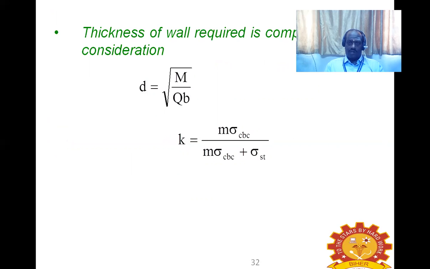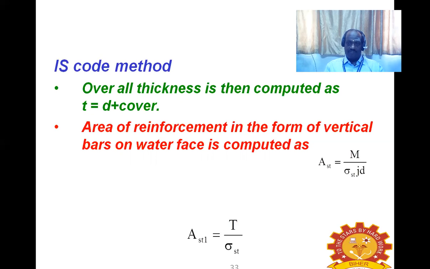The thickness of the wall required can be calculated by using a very simple formula. We know moment is equal to Q B D square. Using that, D can be arrived at as the square root of M divided by QB, wherein Q is half sigma CBC j into k, where k is equal to m into sigma CBC divided by m into sigma CBC plus sigma st, where m is, we know very well, the modular ratio, which we can arrive at for the different grades of concrete.